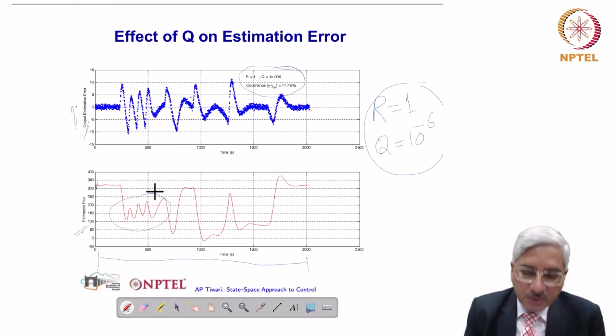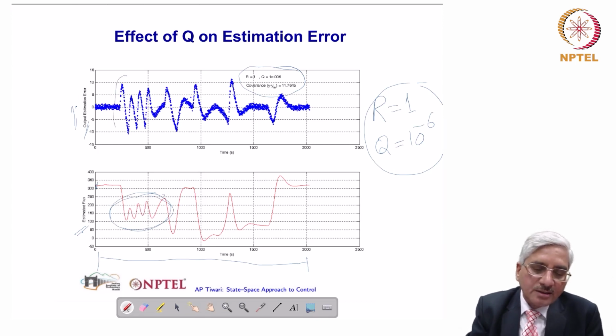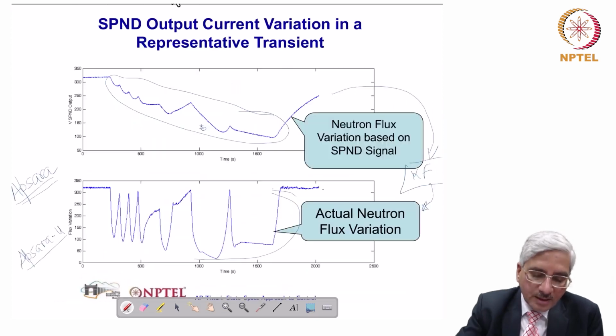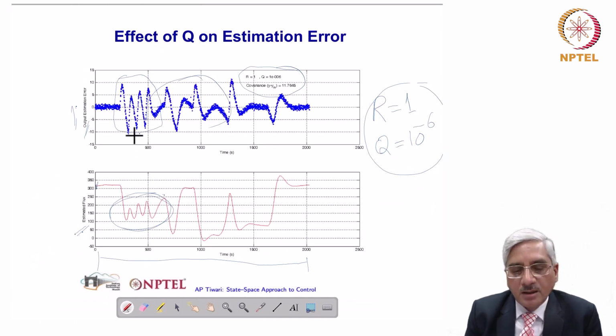Two things one should see. One is that the estimated flux is very smooth, however it is delayed, and so there is a trend in this error. You can see these trends reflecting there. It is understood that this choice is not a very good choice.